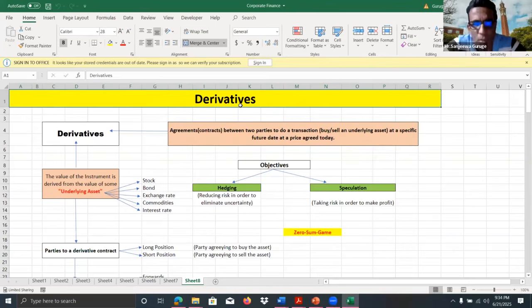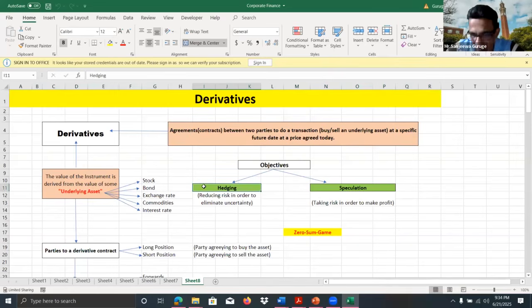For example, an organization planning to buy equipment from another country knows there is a certain foreign currency payment to be paid, and for that amount they use a forward, futures or option contract. Now there is no uncertainty. We know exactly what amount should be paid.